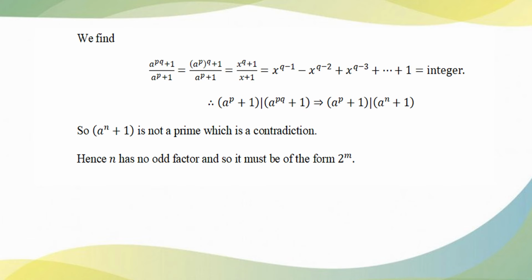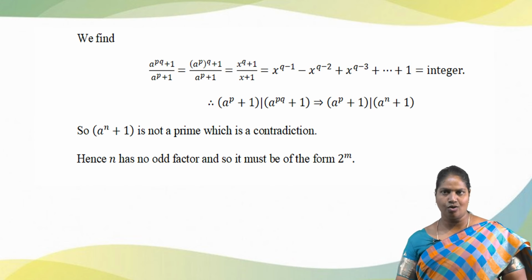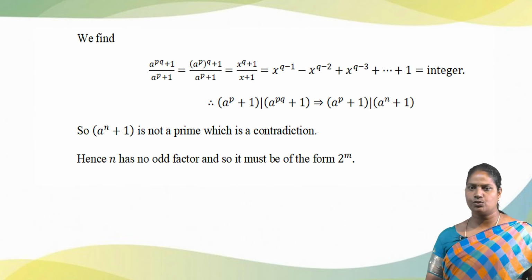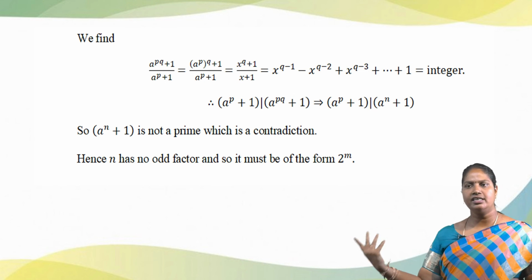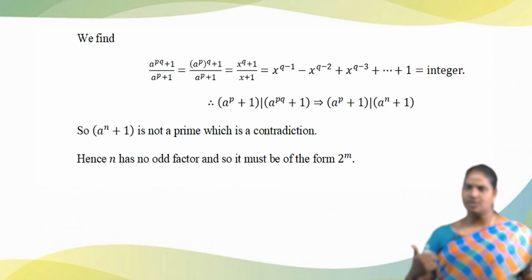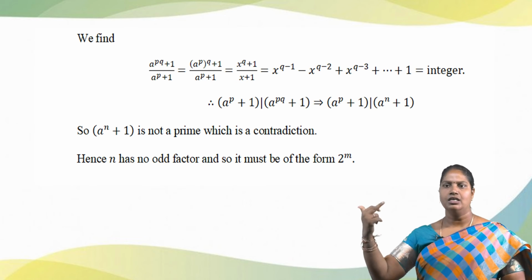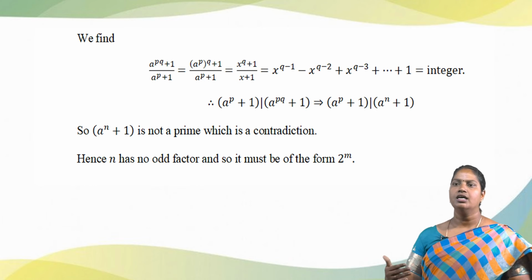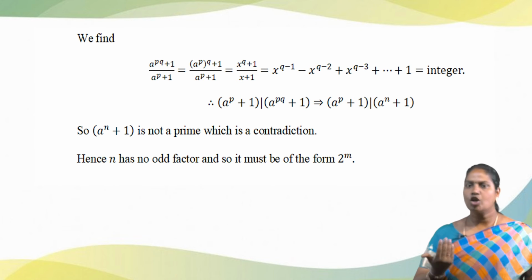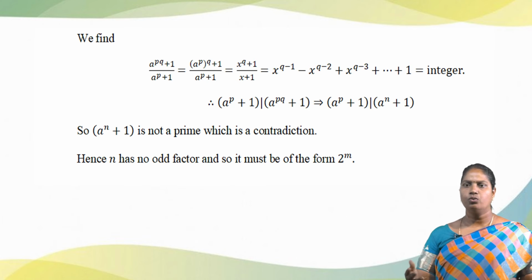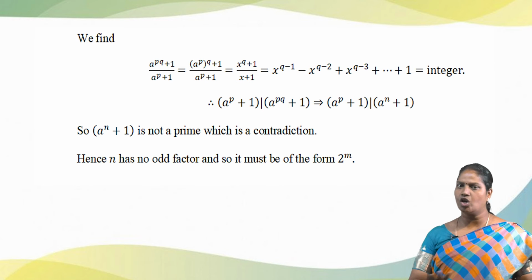That means that a power p plus 1 is a divisor of a power pq plus 1. But pq is nothing but n. So a power p plus 1 is a divisor of a power n plus 1. So it leads to a power n plus 1 being a composite number. Therefore it cannot be a prime number, which is a contradiction. Why is it so? Our assumption that n is a combination of p and q where q is odd is not possible. So n should be a power of 2.